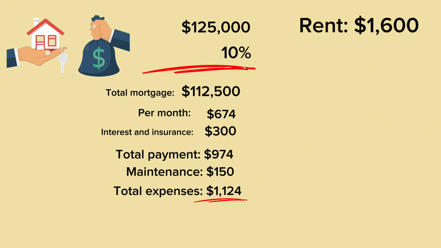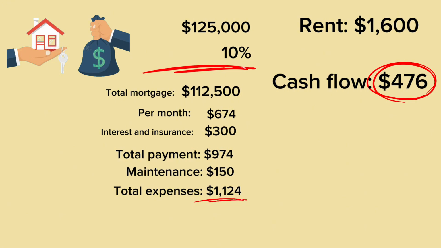If you rent this property at $1,600 a month, then you're going to cash flow $476, which is the $1,600 you collect in rent minus the $1,124 total expenses. That would be mortgage, interest, taxes, insurance, and that $150 per month of maintenance and repairs. So you'll make $476 a month worth of cash flow coming to you every month.